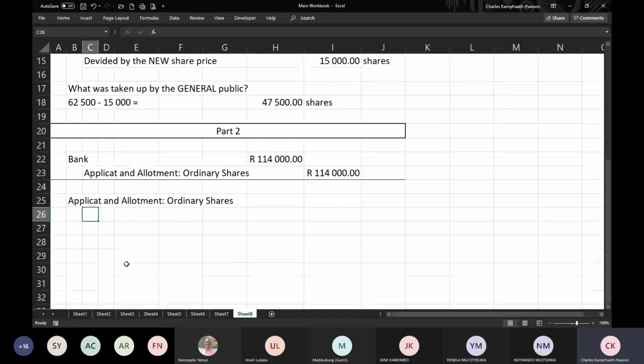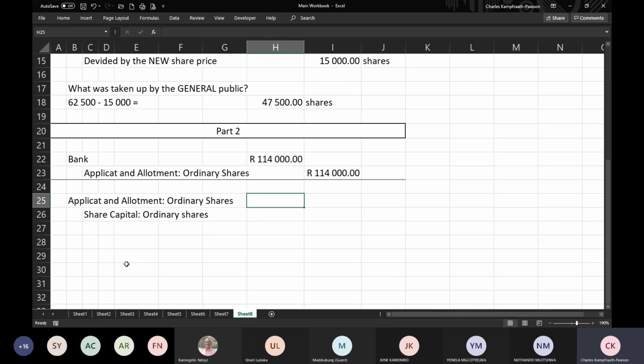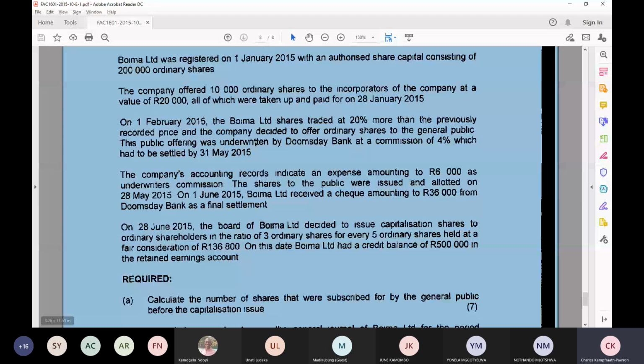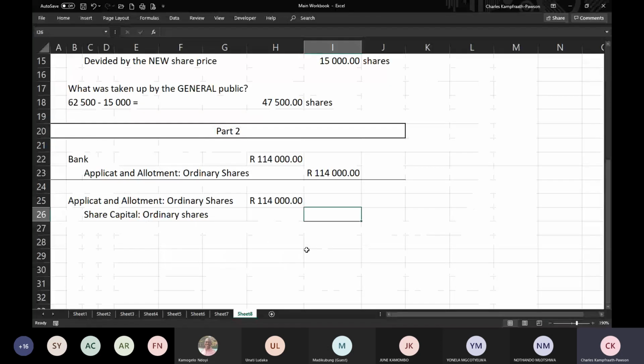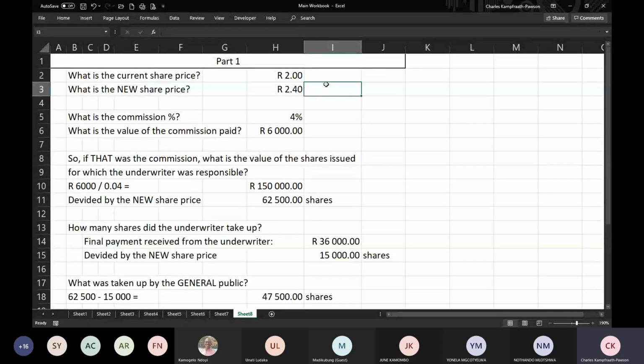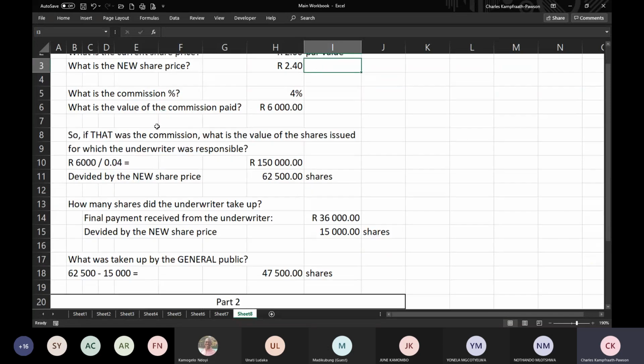And now comes a very important part. We will say share capital, ordinary shares. What is the par value of these shares? That is the par value, which means the original share price.